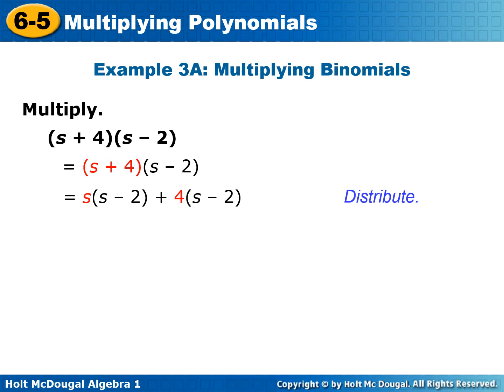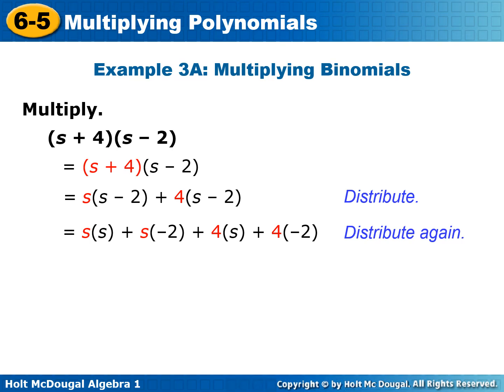So this is the first time that we apply the distributive property. And from here, we distribute again. So we distribute the s outside the parenthesis to the terms inside the parenthesis.